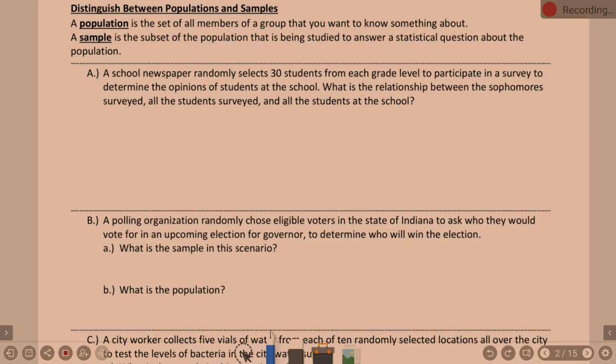So if they're randomly selecting 30 students from each grade level to participate in this survey, they're selecting a portion, right? What do those students represent? Our population is what the whole group represents, which is all the students at the school. So we're going to talk about population here.